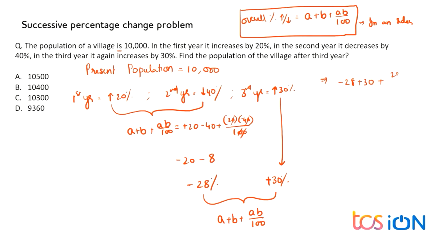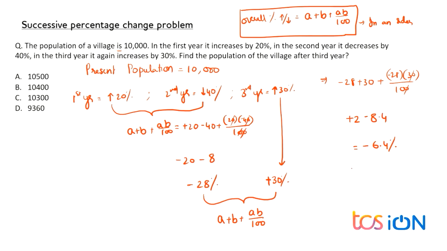Plus of minus 28 into plus 30 upon 100. Now 10 gets cancelled. Minus 28 plus 30 will give me plus 2, and plus into minus is minus. Now 60, 24, that will be 84, but 84 upon 10 will give me 8.4. So overall, there should be a decrement of 6.4%.